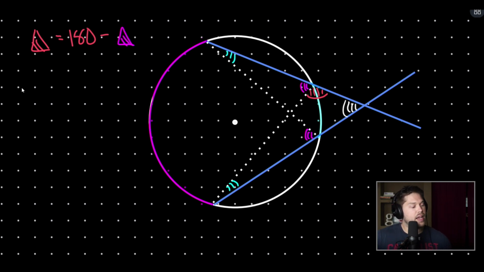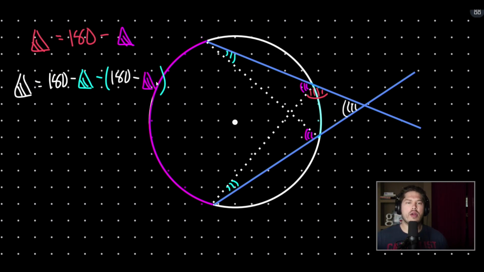And therefore, our white angle is going to be equal to 180 minus our blue angle minus our red angle. So we're going to put our red angle in parentheses, and that's going to be 180 minus our purple angle.